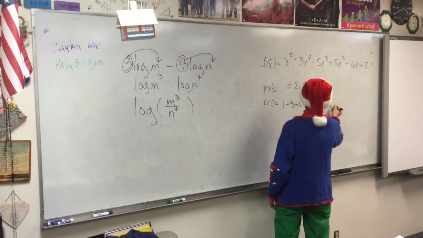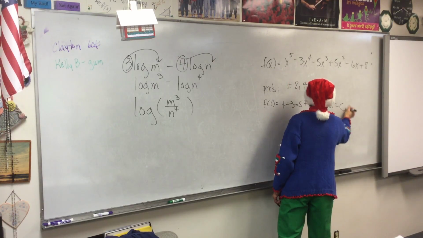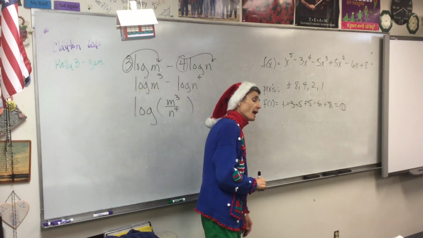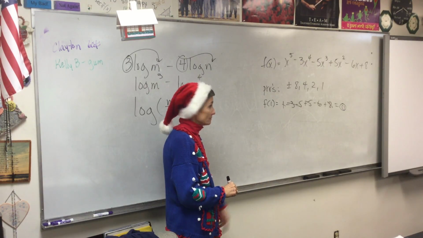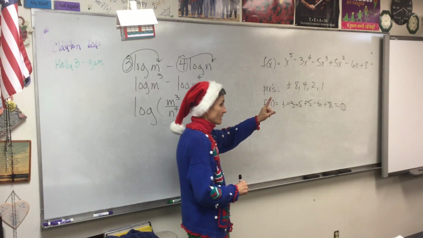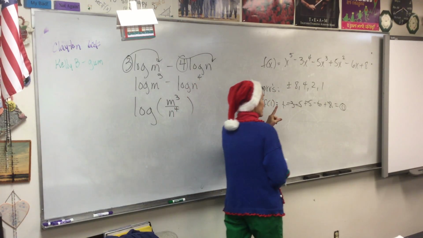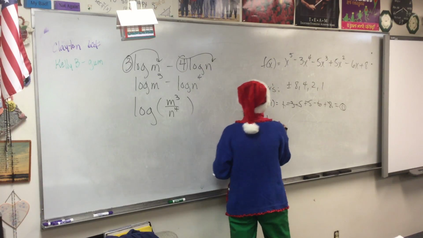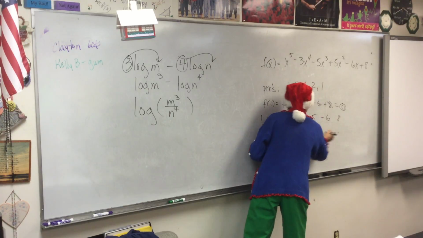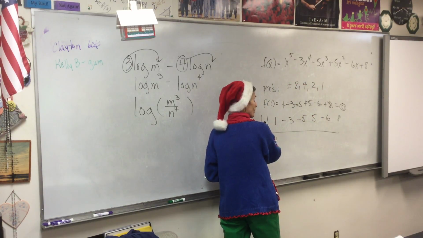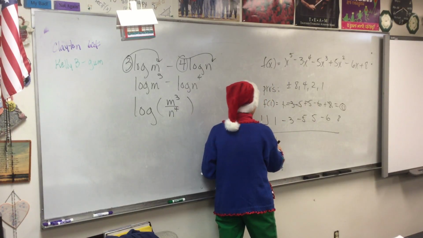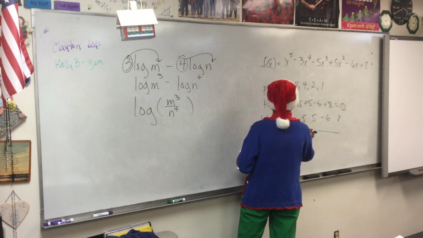That's a -8. There it is, right there. We got a 0. So the minute I find one, anything that gives me 0, the minute I get a 0, what do I do with it? Divide it out. So out comes the 1. And I divide exactly the number that I plugged in. So if 1 gave me 0, then 1 is what I divide out.